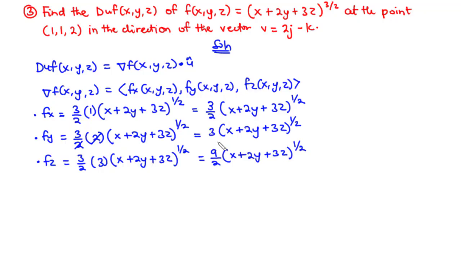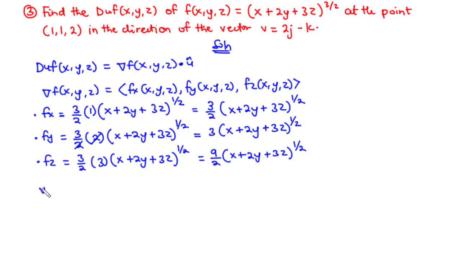Now notice that when we differentiate with respect to x, y and then z become constant. When we differentiate with respect to y, x and then z become constant. And when we differentiate with respect to z, x and y become constant. So this is fx, fy, and then fz.